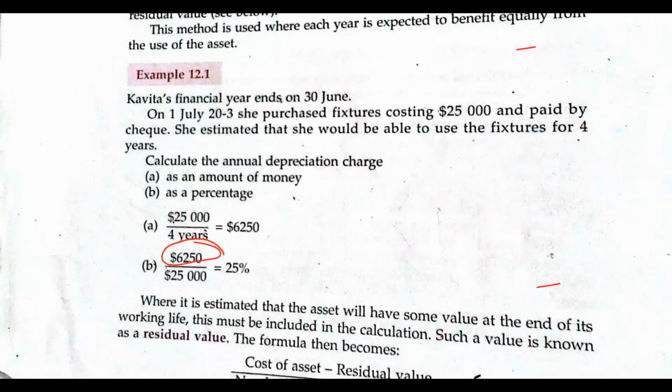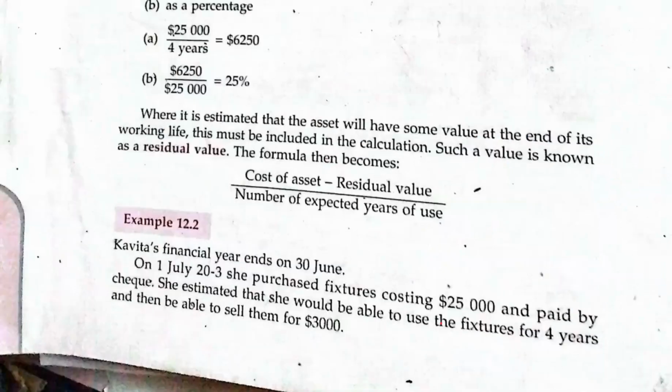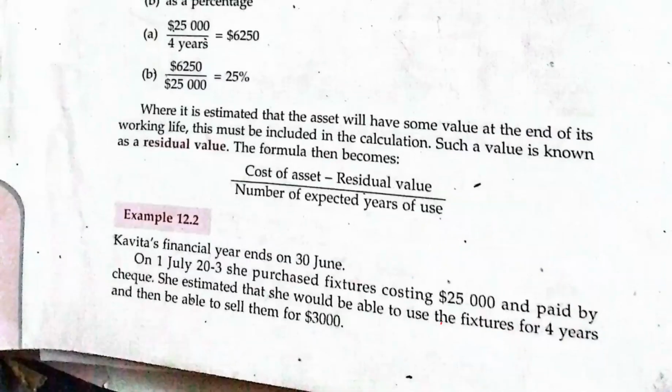But you may be interested in learning that sometimes these assets may have a residual value. They may have a resale value, or the scrap value as it may be called in other literature. So you deduct the resale value from the cost of the asset, and then divide by the number of expected years of use.